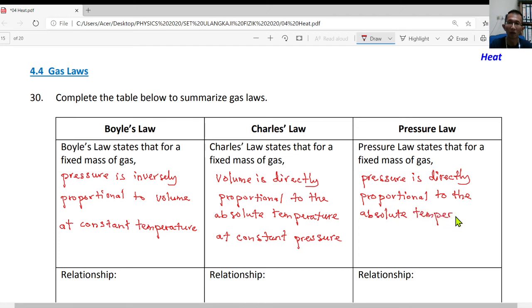And what is kept constant here other than the mass of the gas? Volume, at constant volume.